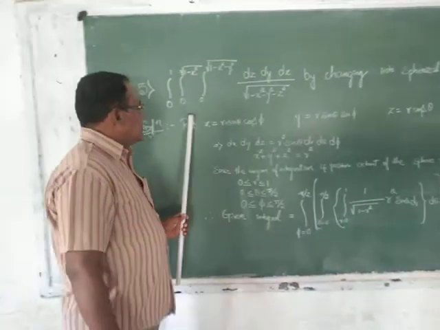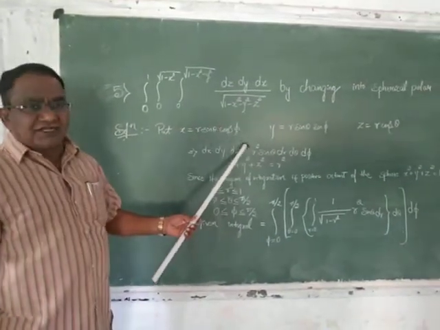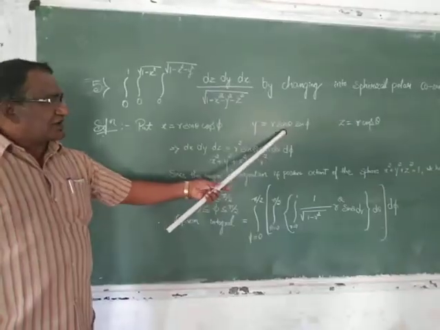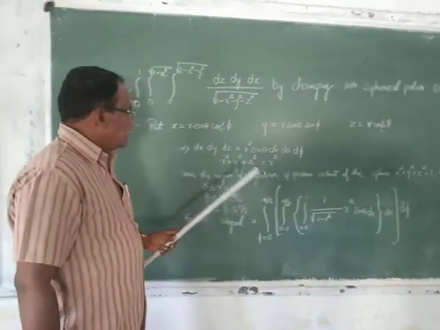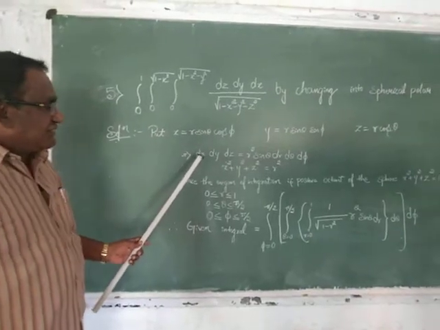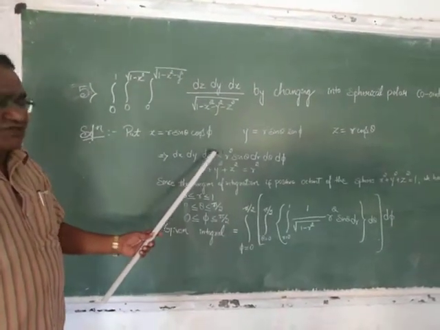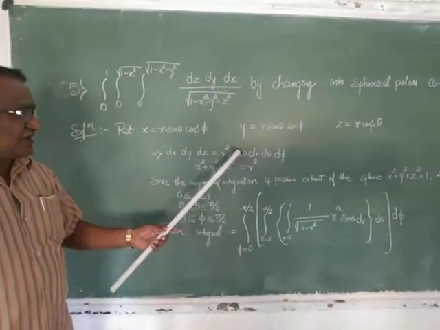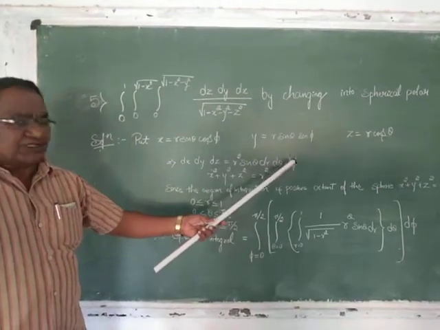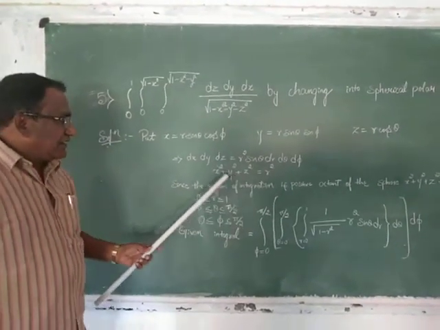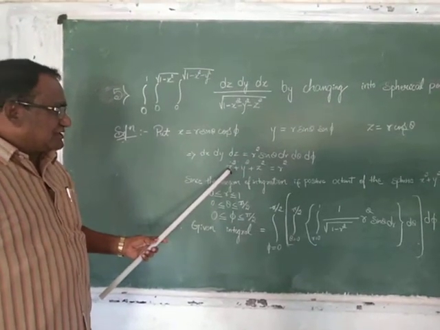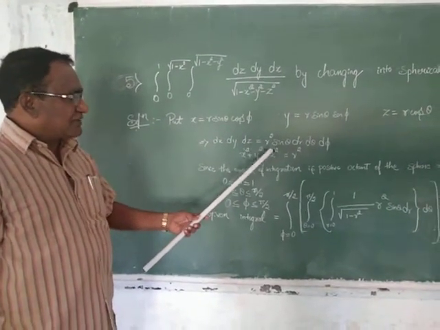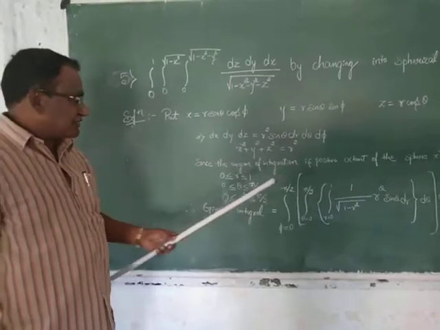For that, we put x is equal to r sin theta cos phi, y is equal to r sin theta sin phi, and z is equal to r cos theta. This implies that dx dy dz is nothing but r squared sin theta dr d theta d phi, where the equation of the sphere is x squared plus y squared plus z squared is equal to r squared.